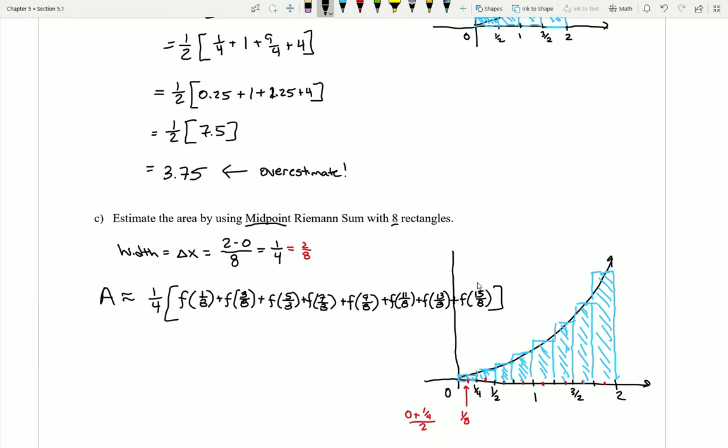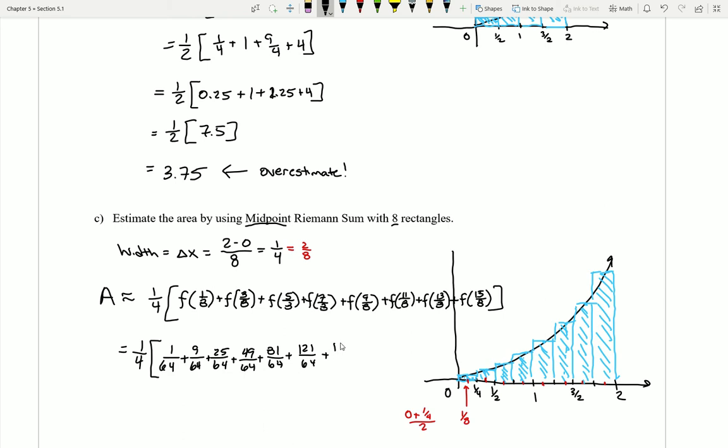Now, I can go ahead here and actually multiply the 1/4 times all of this if I'm able to just quickly evaluate what each of these things is going to be. Now, this is actually really easy because, again, I'm working with the function of x squared. So notice I'm going to get something like 1/64. Squaring here, I'm going to get 9/64, 25/64, 49/64. Right, I'm just squaring top and bottom here. So let's see, 81/64, 121/64.